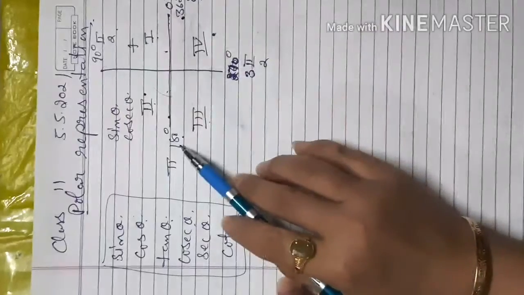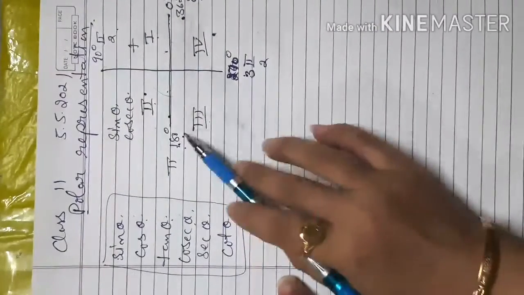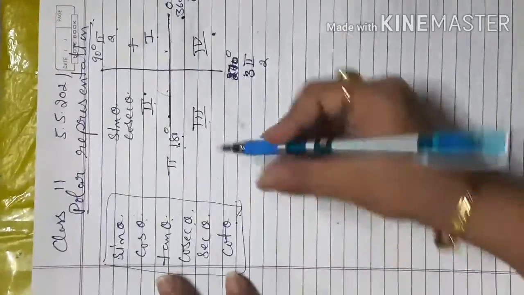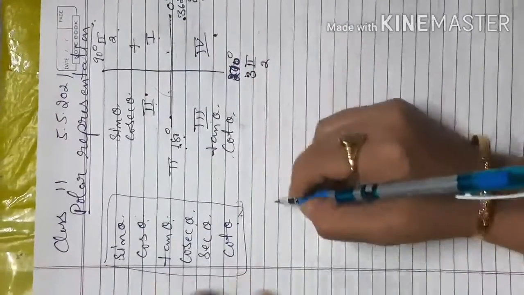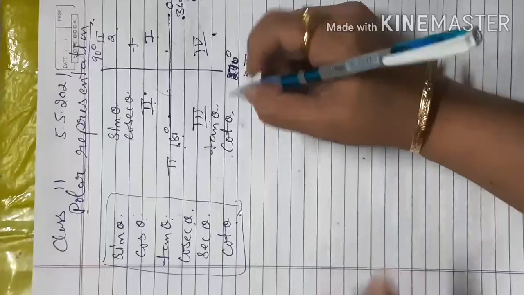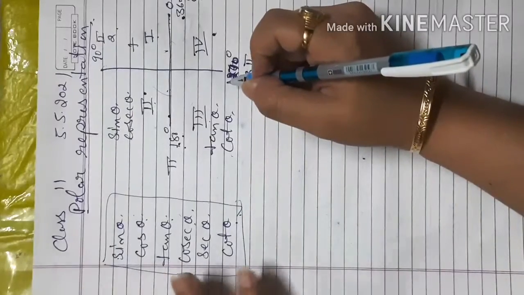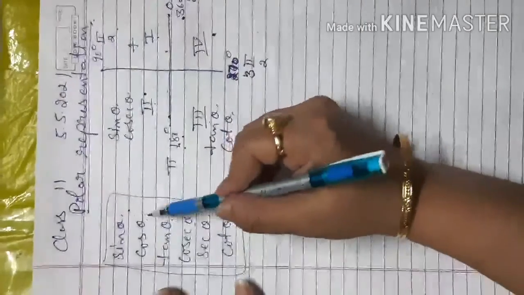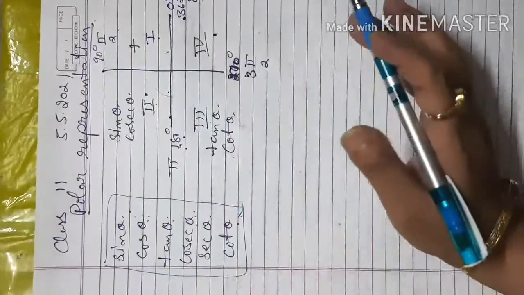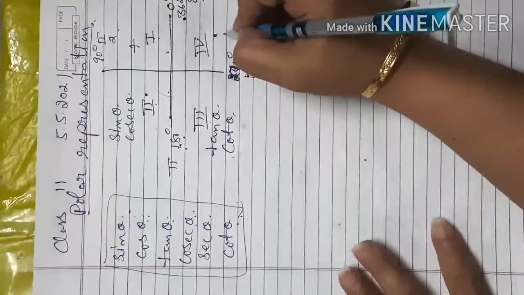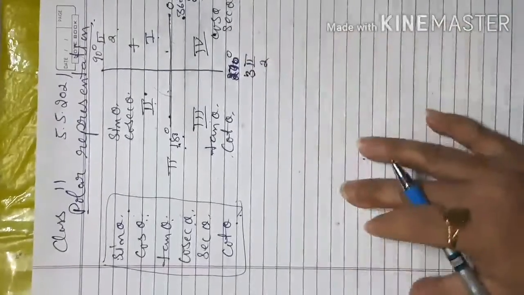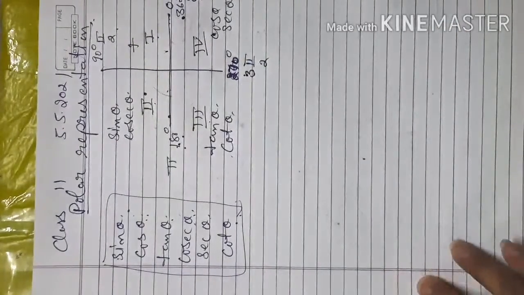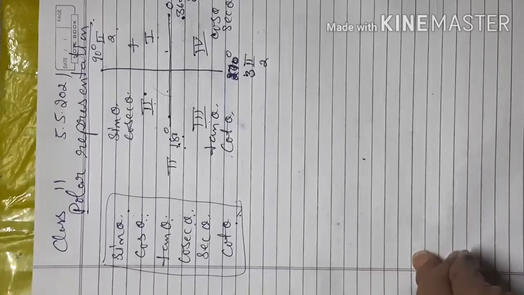And from 180 degree to 270 degree, in the third quadrant, only tan theta and cot theta are positive. All the others, sine theta, cos theta, cosecant theta and secant theta, will be negative. And in the fourth quadrant, only cos theta and secant theta are positive and the other 4 trigonometric terms are negative.